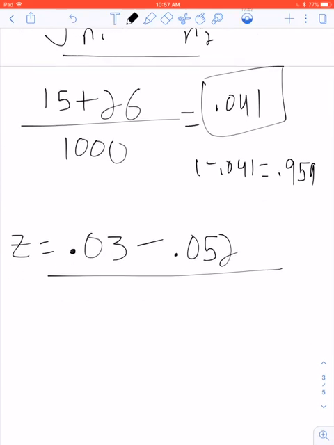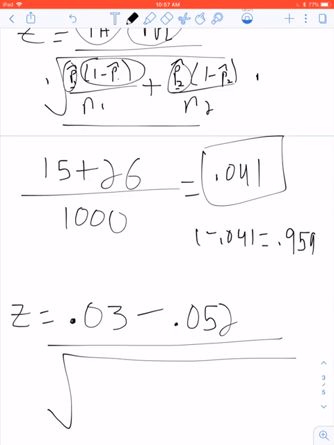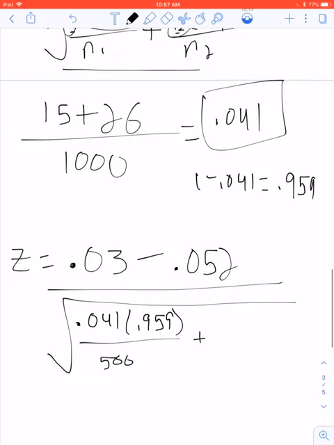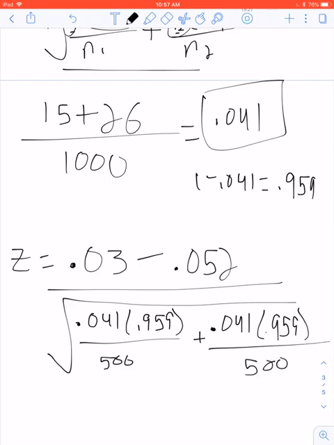And I'm going to divide this by the square root of, in the first group, I have, remember, we're using common values now, 0.041 times 0.959 divided by 500 people in the first group, plus, now remember, and again, because I pooled the data, the right-hand side of this thing is going to look very similar, times 0.959 over 500, okay?